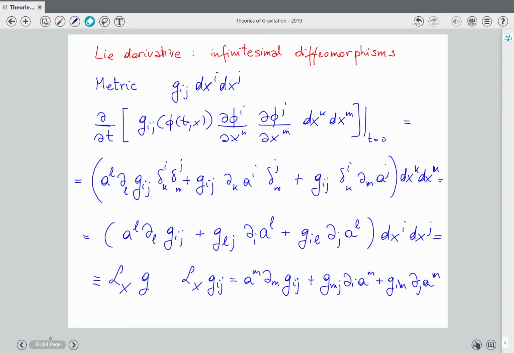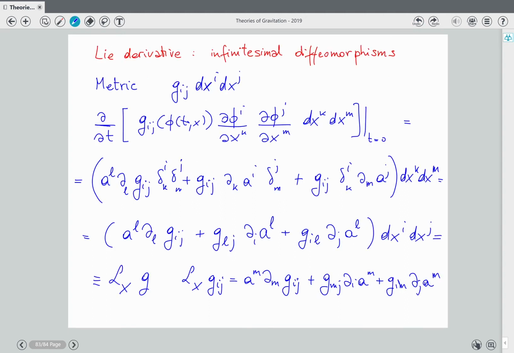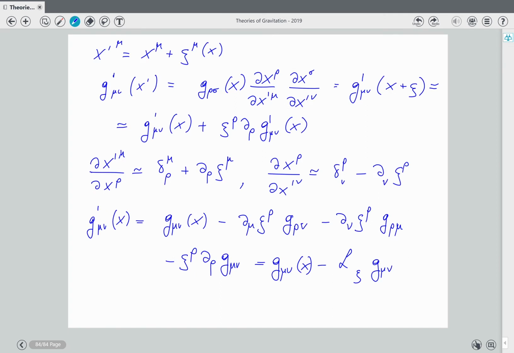So you have ψ^ρ ∂_ρ, here it is. And then you have these two other contributions, which are exactly the same. So you do have this.